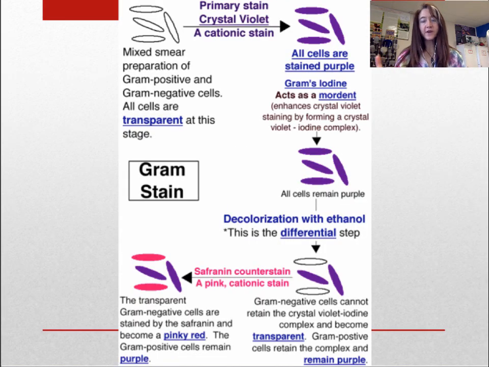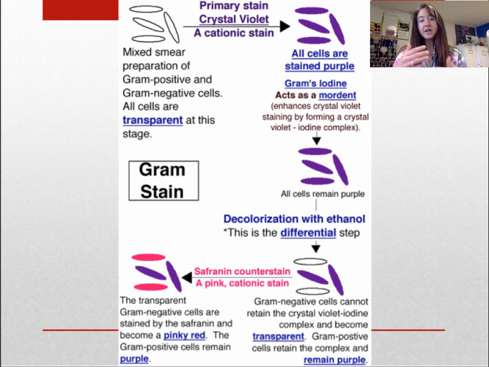But of course, it's very difficult to see a clear cell under the microscope. And so in order to visualize our gram-negative cells that have lost the crystal violet dye, we add our counterstain. Our counterstain is safranin. It's a beautiful pink color, kind of like the color I have on my lab coat right here.